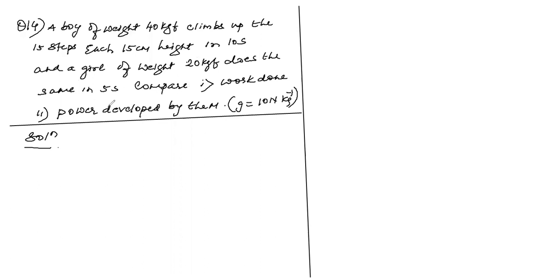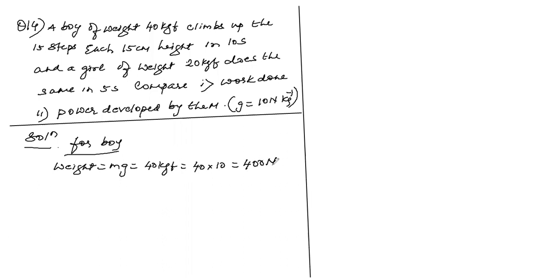Compare the work done and power developed by them. So for the boy, please have a look here. What is the weight of the boy? Weight is mg. How much are they giving, children? Weight is 40 kgf. If I multiply by 10, value of g 10, I'll get 400 Newton.